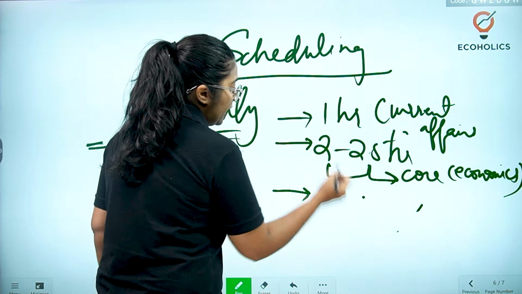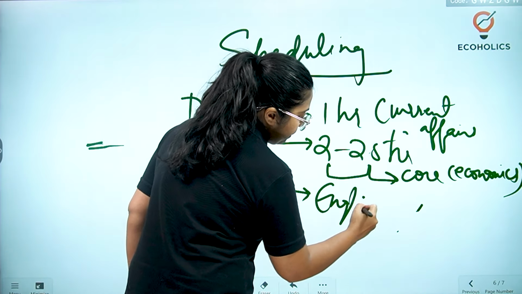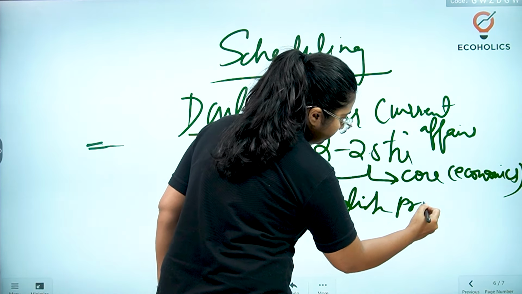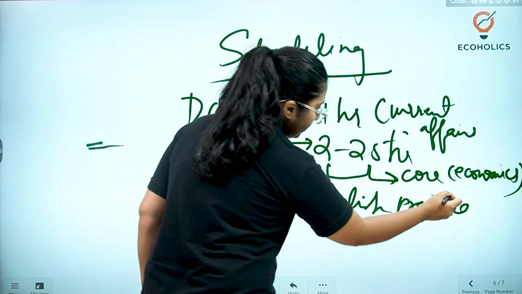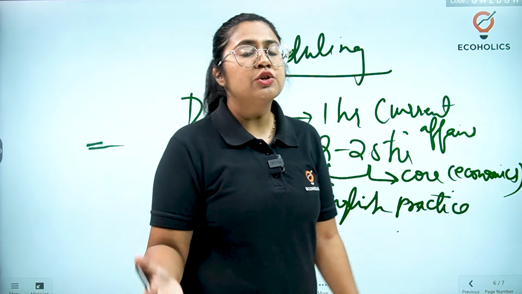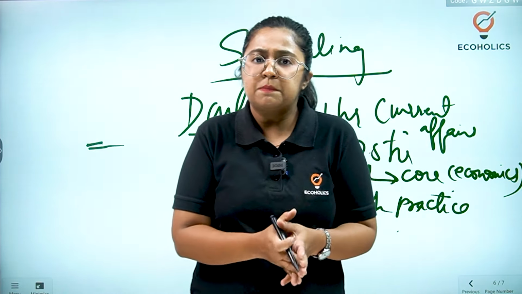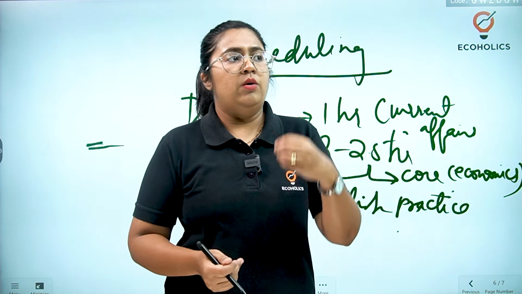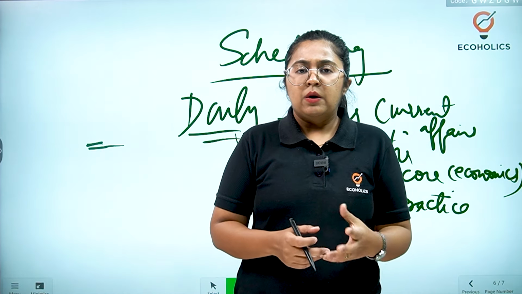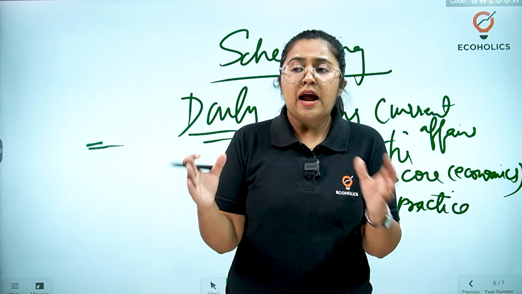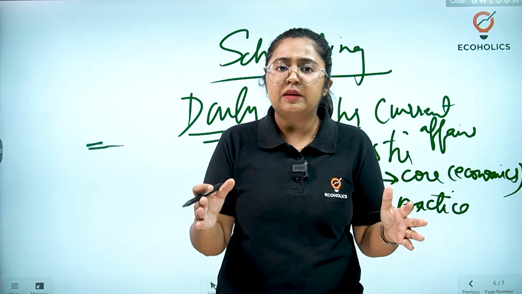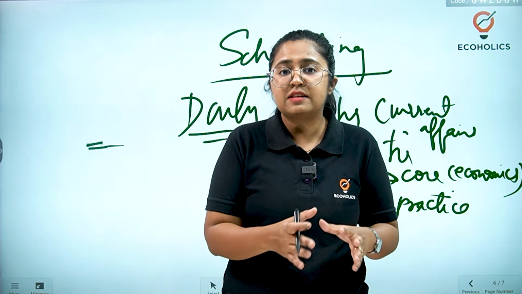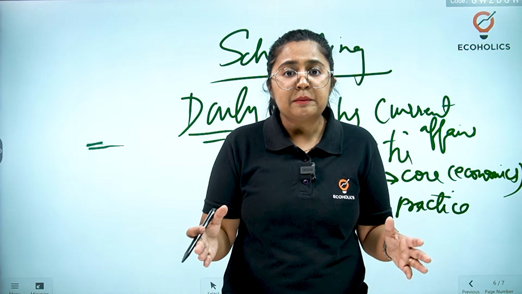Third is English practice. Whether it is comprehension or essay on a certain economics topic or précis or letter or notice, anything. And this content is easily available because you have been studying this subject since your school time.